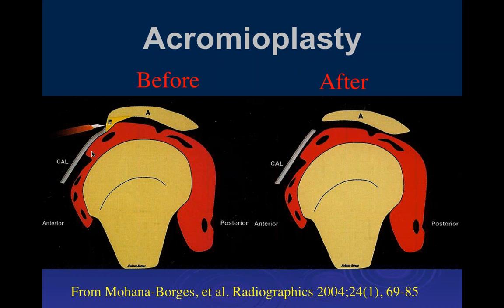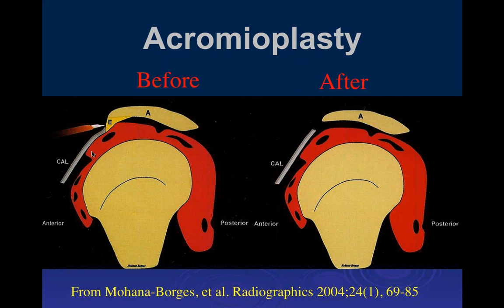But anyway, when you have a type 3 with a hook like this, removing that hook is very helpful. You cannot save the coracoacromial ligament, but unless it's hypertrophied and causing impingement, sacrificing it is really not that important, except some people have reported that you get subluxation anteriorly by doing that.